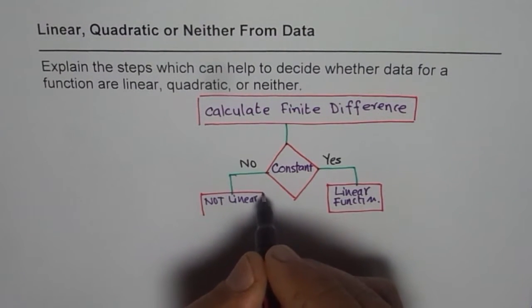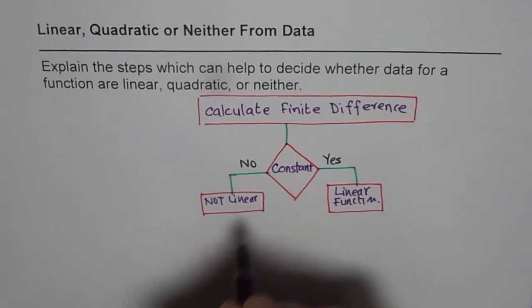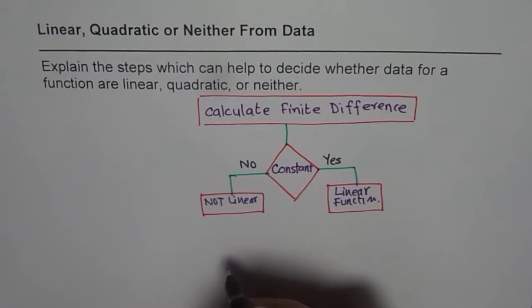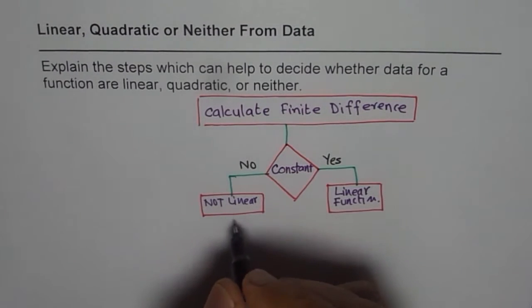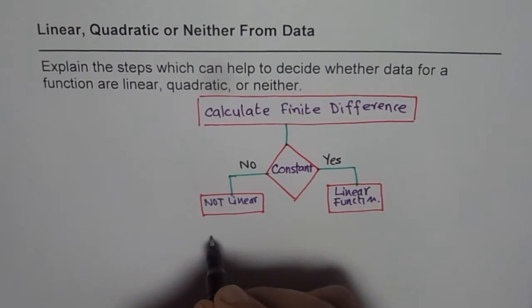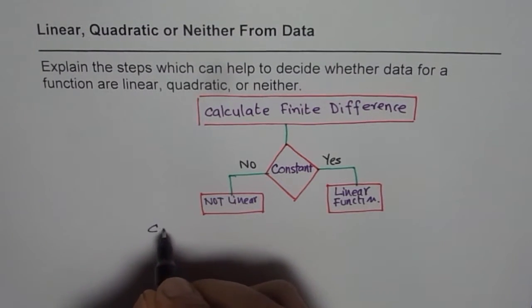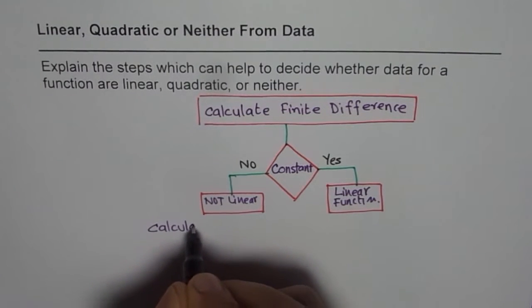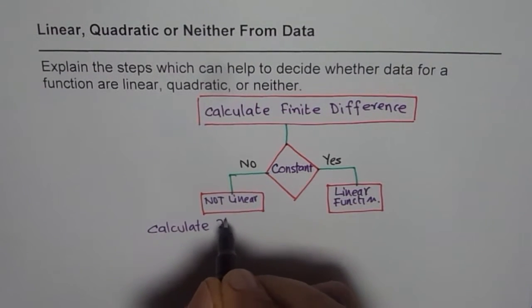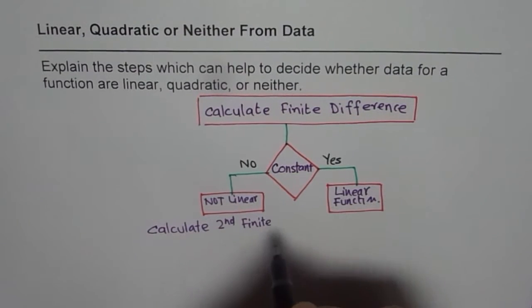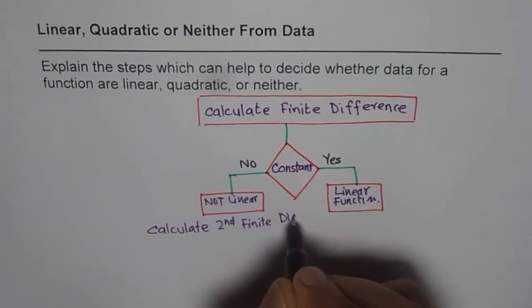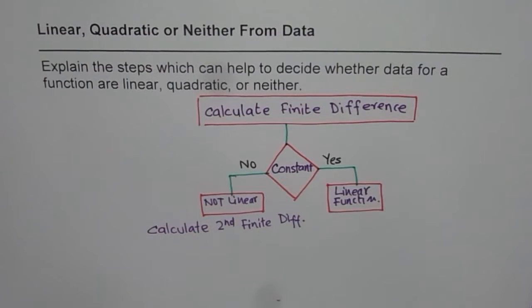We find the second finite difference. At this stage, you again calculate the finite difference, and this time it is the second finite difference. Let me write it in short.